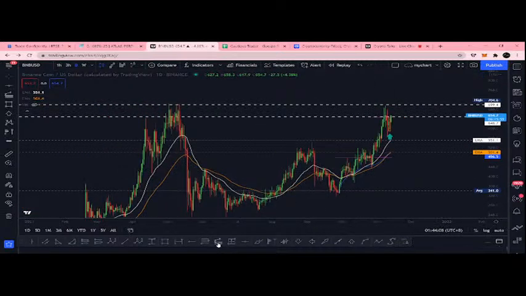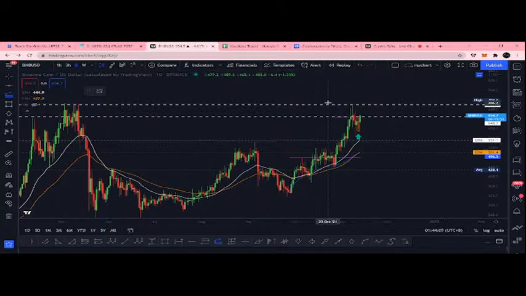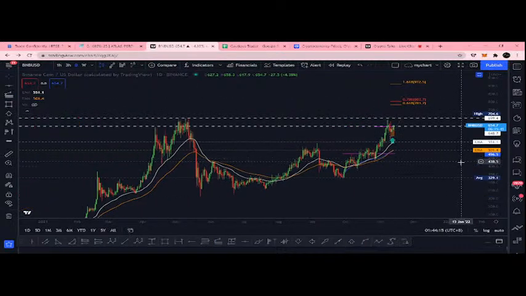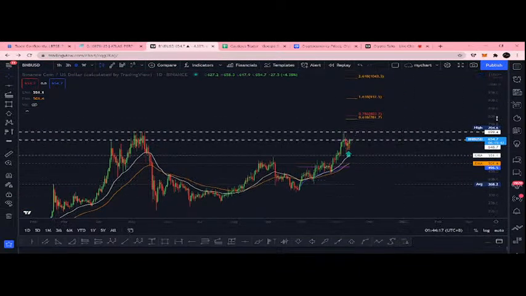And a solid breakout from there will just extend the fib from there, possibly $100, which is 800.